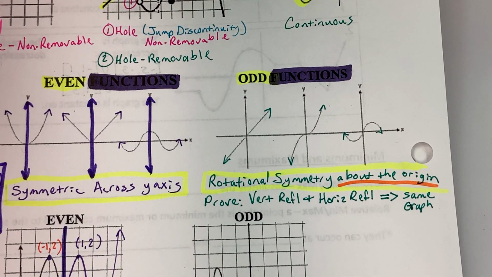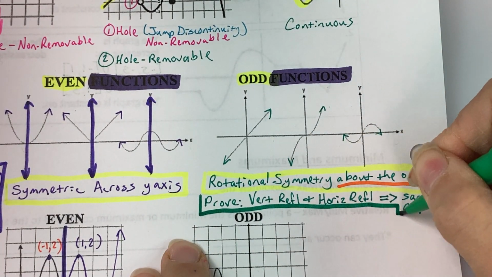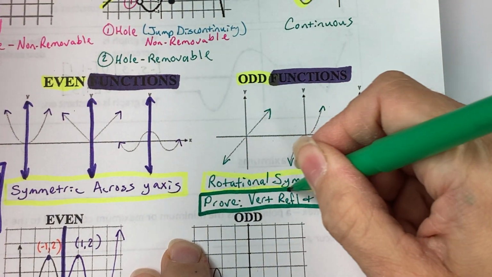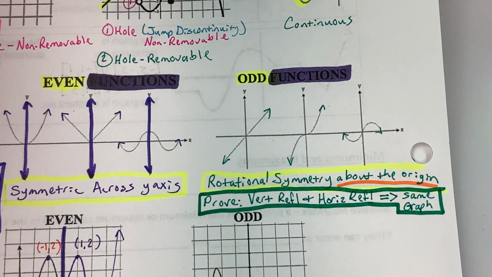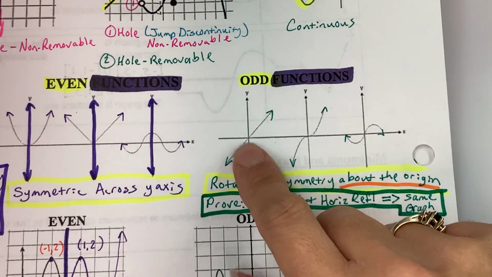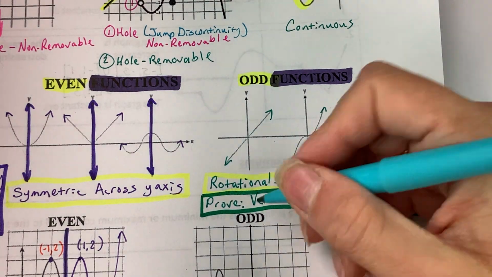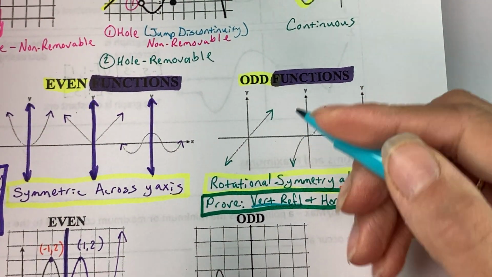So to prove this, we want to show that vertically reflecting the graph and horizontally reflecting the graph yield the same graph. All right, folks, so to show this, I'm going to look at this linear function first. So let's think about vertically reflecting this.